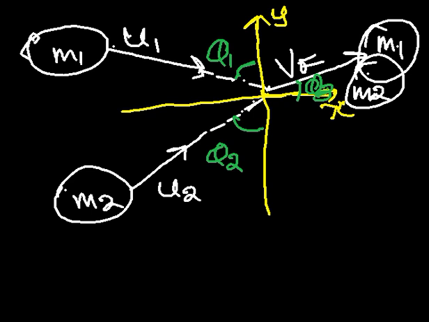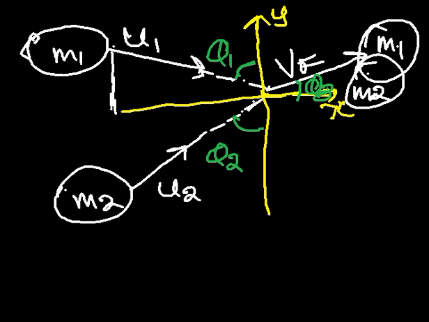It will be the same principle here. So we'll go for the momentum along x as well as the momentum along y separately. Let's start with the initial momentum for object 1.